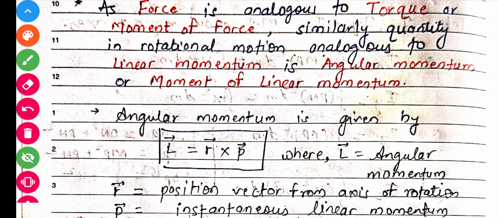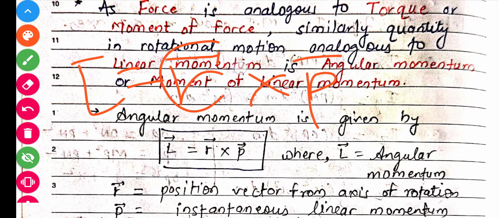But in angular momentum, vector L is equal to r cross p, where r is the position vector from the axis of rotation, or simply the distance from the axis of rotation, and p is the instantaneous linear momentum, as you can see here.